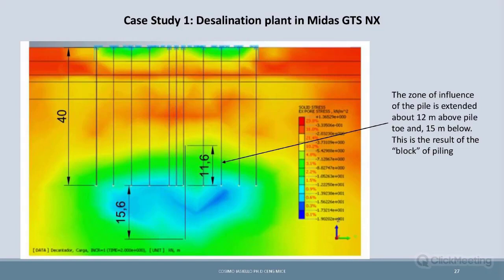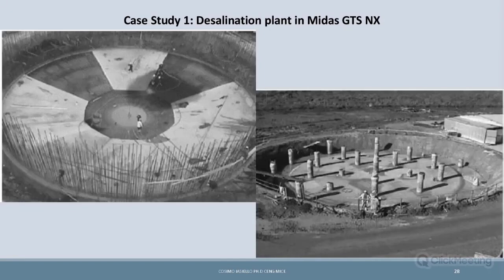And as you can see, this is the excess of the pore pressure, which is directly related by Hooke's formula to the settlement, because water is a Newtonian fluid. So this could be the profile of the settlement.